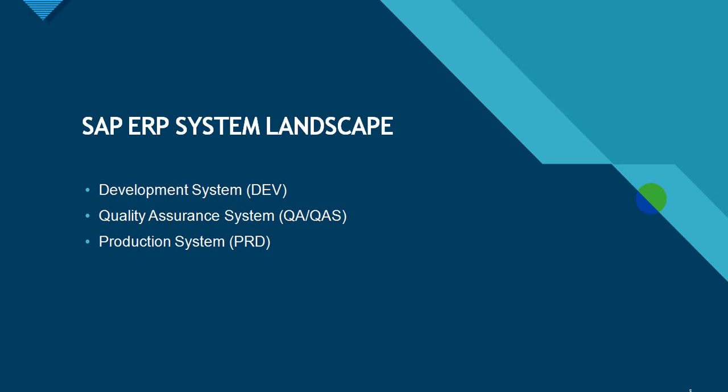That is where they customize and model your business processes. Once that is achieved, these customized processes are transported to a quality assurance system where they will be tested.